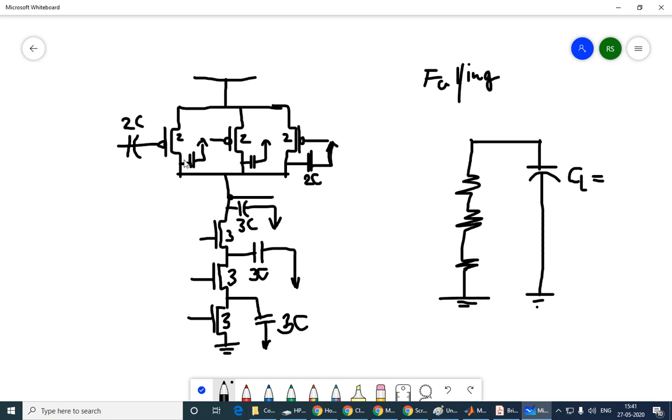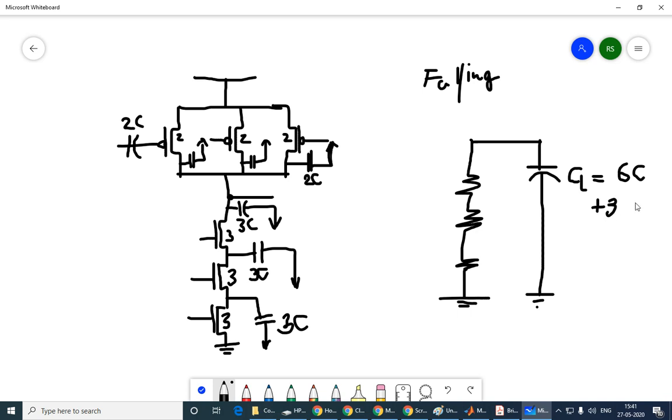So how much is the value of each of these? 2C, this also 2C, this also 2C. So the pull-up network offers a total capacitance of 6C, 2 plus 2 plus 2. And for the pull-down network, even though we have marked these capacitances, they are not part of the output node. I only have to calculate the first capacitance, which is directly connected to the output node. So that is going to be plus 3C.